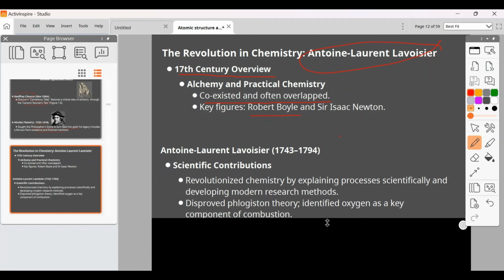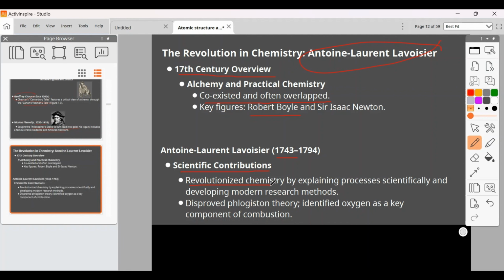Then Antoine Lavoisier, 1743 to 1794. He made many scientific contributions.